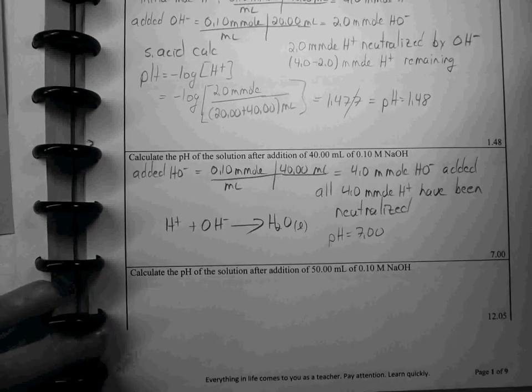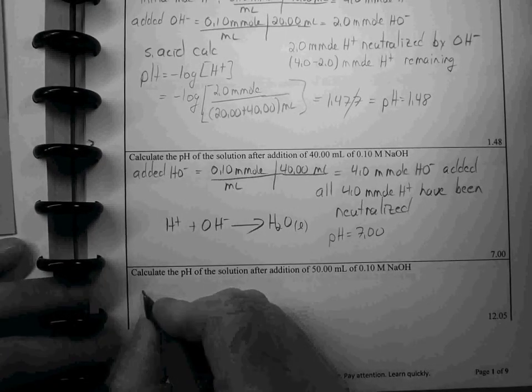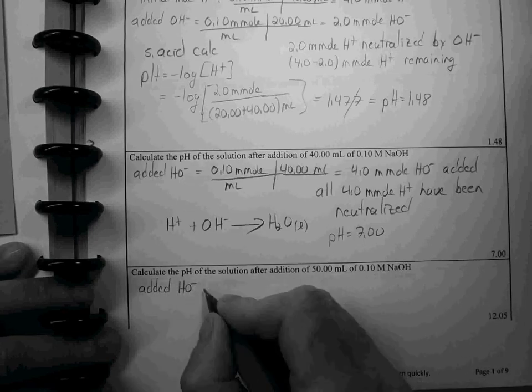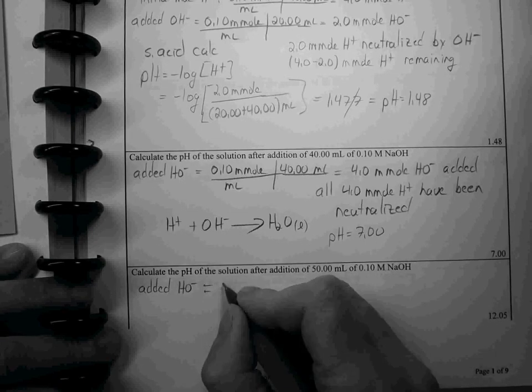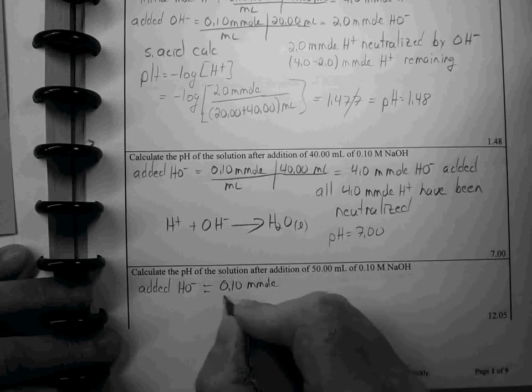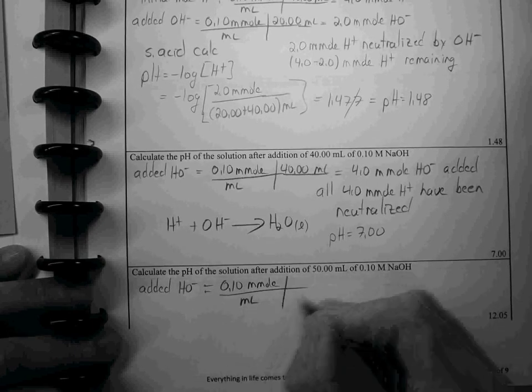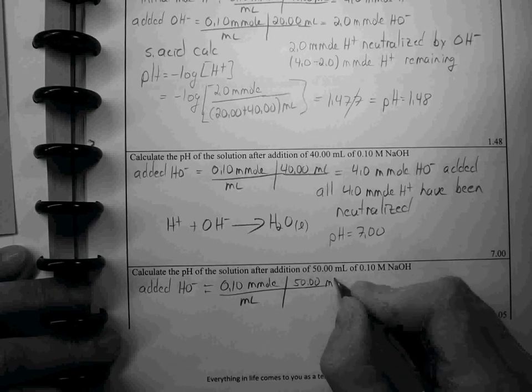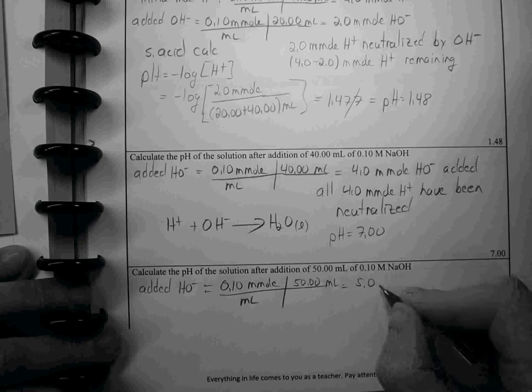Okay, finally, the pH of the solution after 50 milliliters of NaOH have been added. So, the added hydroxide is equal to 0.10 millimoles per milliliter. Now we have 50 milliliters.